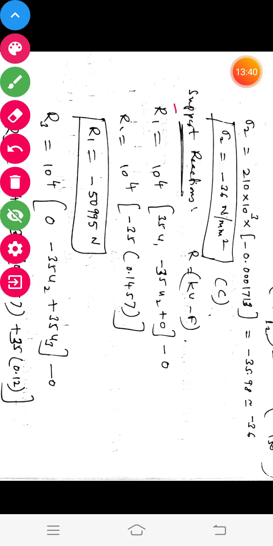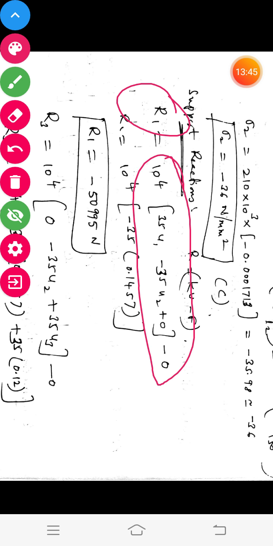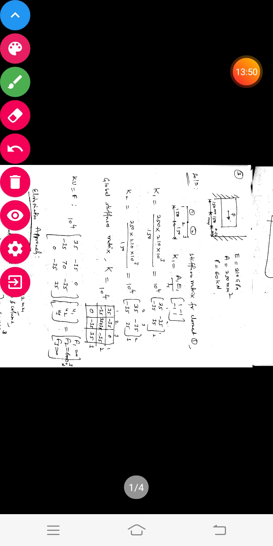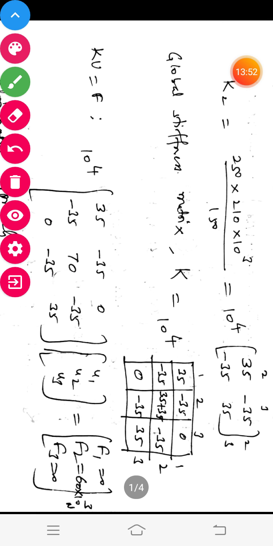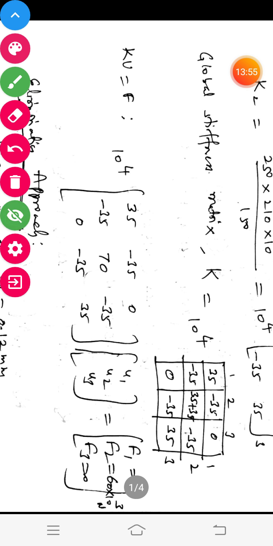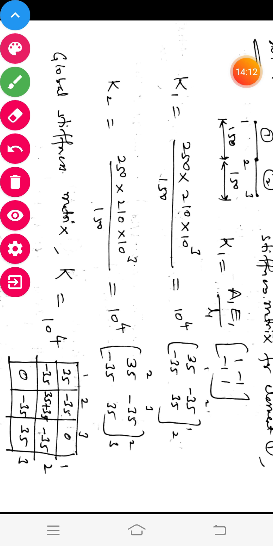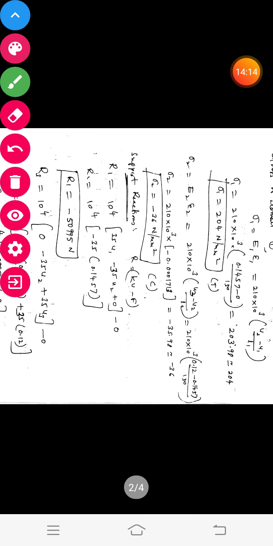To find R1, refer to equation number 1 from the overall global equilibrium equation, and equation number 3 for R3, using Ku minus F. Now we will proceed to the solution for support reactions.